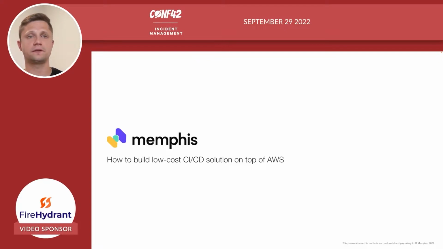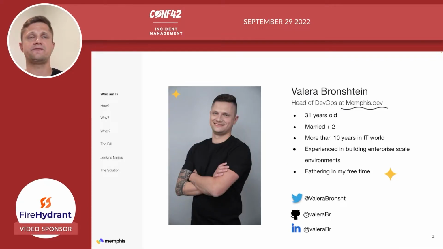So before we start, I would like to introduce myself. My name is Valera Bronshtein. As I said before, I am head of DevOps at Memphis Dev. Memphis Dev is an open source real-time data processing platform. In short, we are building a full ecosystem for in-app streaming use cases. You can read more on our website.